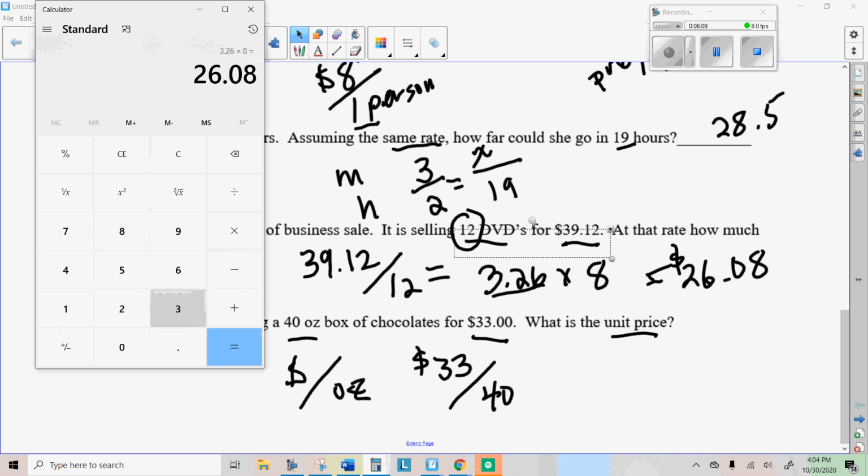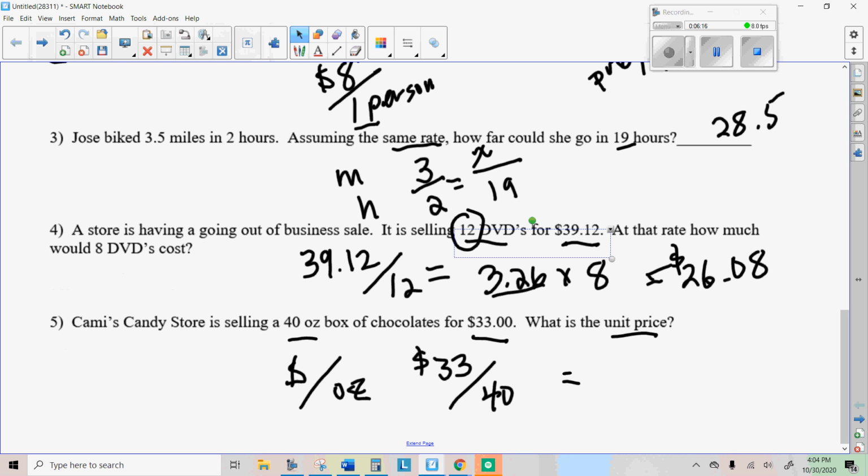So 33 divided by 40 equals 0.825. Since this is a price, we always round money to the nearest hundredth, so I'm going to look at this 5 and go up 1 on the previous one. So it's about 83 cents per ounce there.